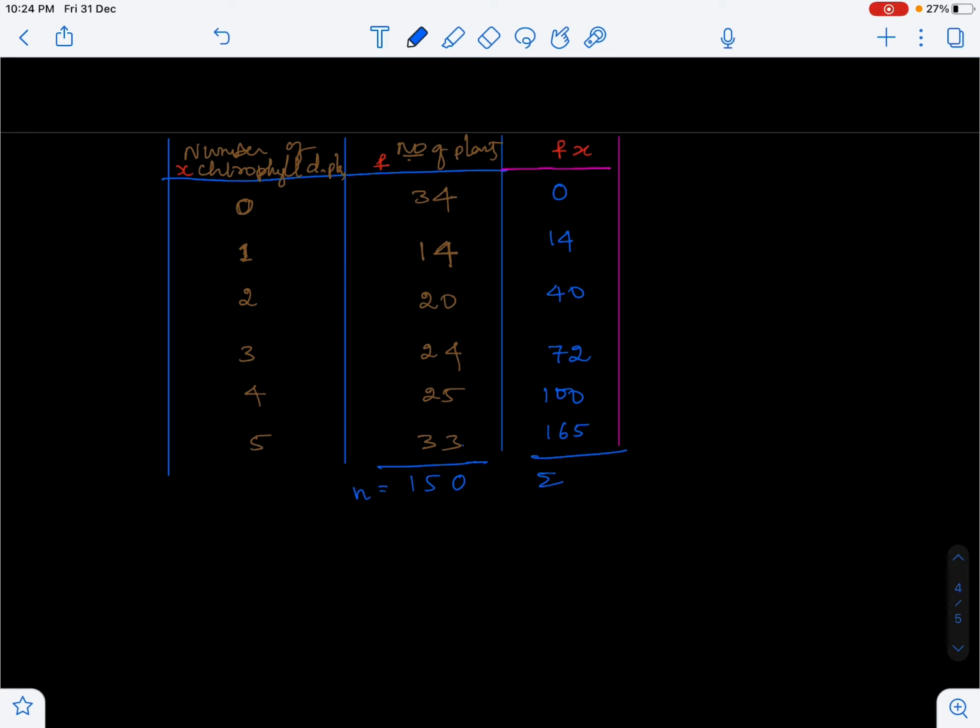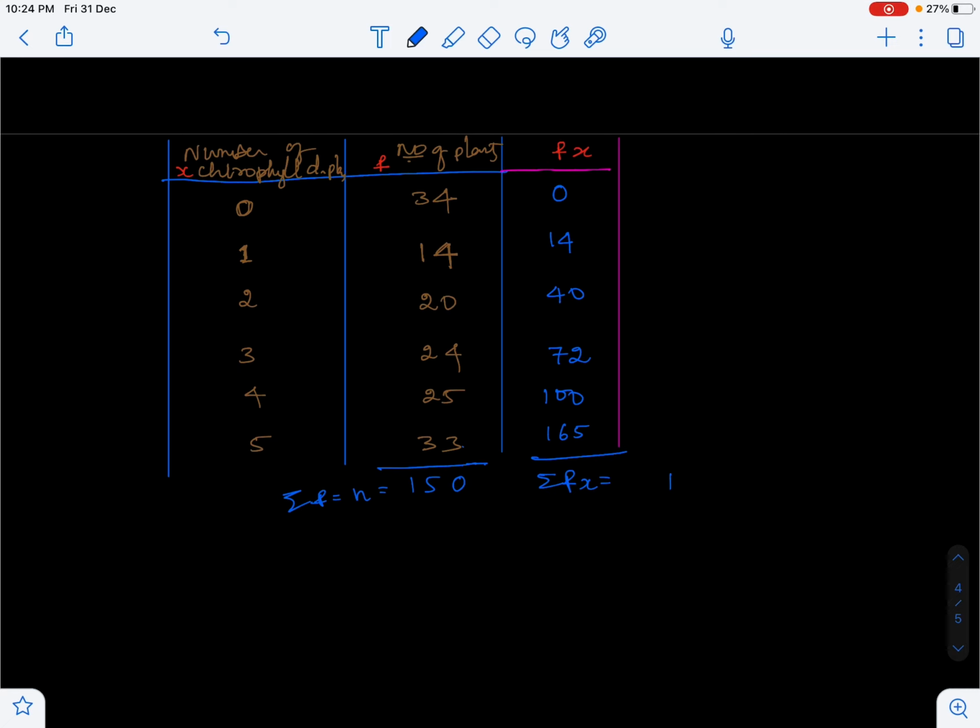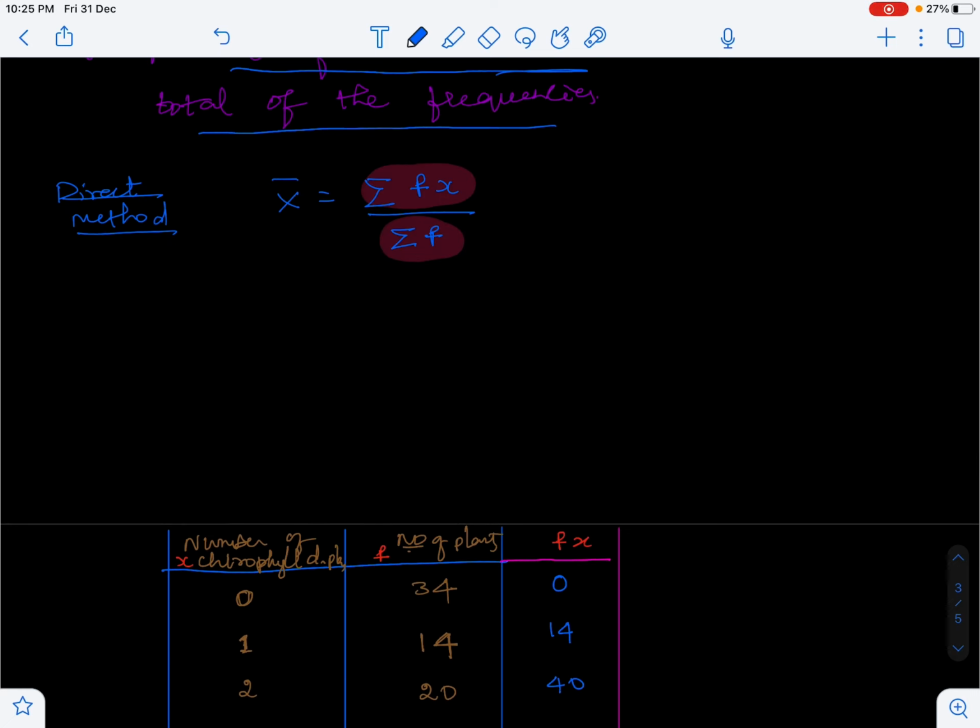So here summation of fx is 391. Now we have to use the formula of arithmetic mean, this one.